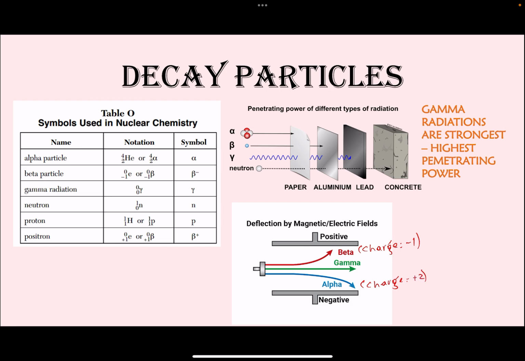So remember, in chemistry, opposite charges attract. The thing that has the positive charge is going to bend towards the negative side, and the one that has the negative charge is going to bend towards the positive side. And then gamma does not bend towards any side because gamma has a neutral charge, a charge of 0. That's because gamma is just radiation. It's just energy.